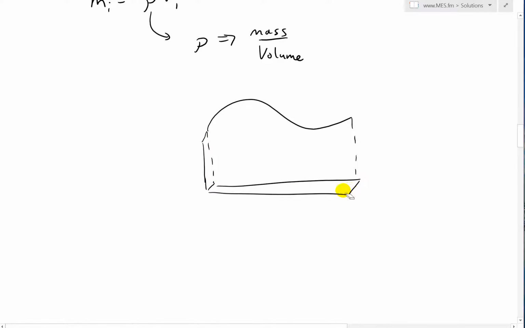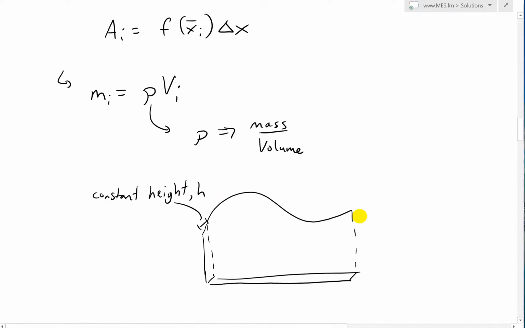So if we assume that this has a constant thickness h, or constant height h, then its volume, and then its mass, is going to be equal to rho times the area of the region.